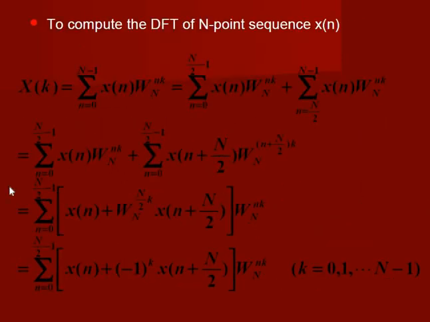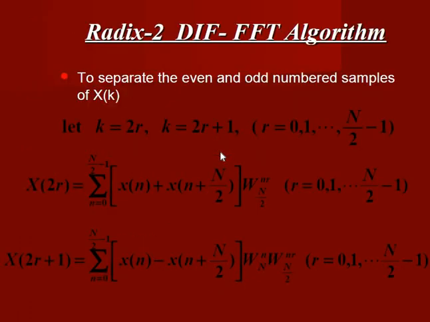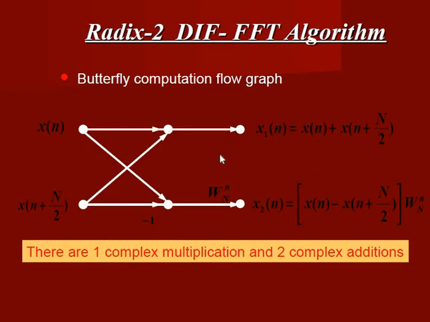I have done the total derivation here. You can see the derivation and you can go through it. So this can be done through the derivation, that is both the terms, xn minus xn plus n by 2, total will be multiplied with the twiddle factor WN.